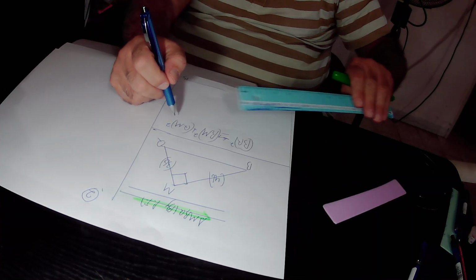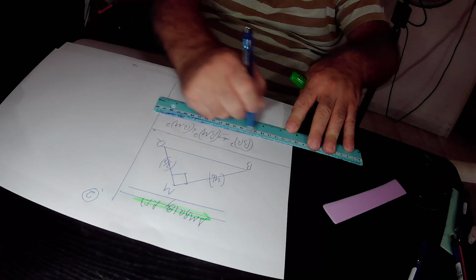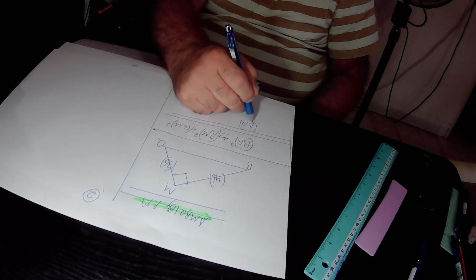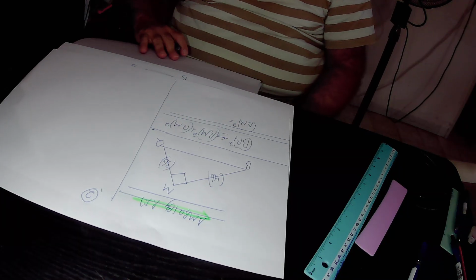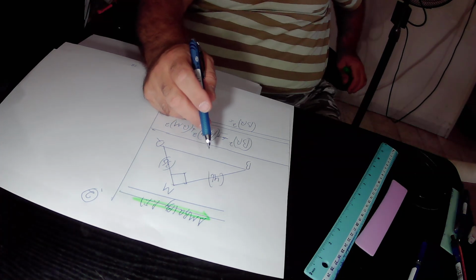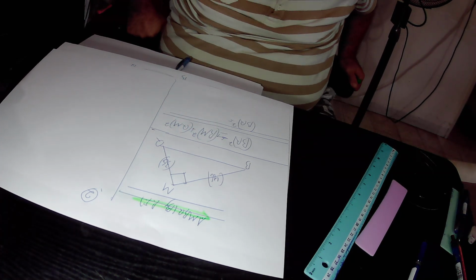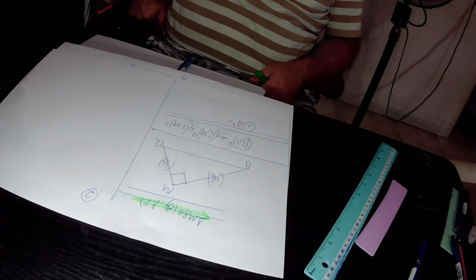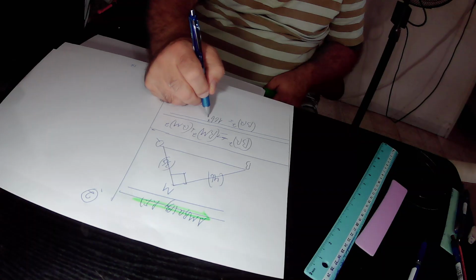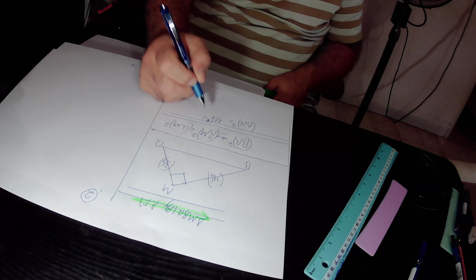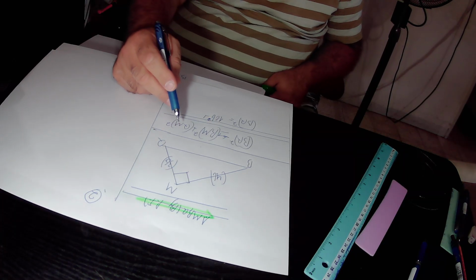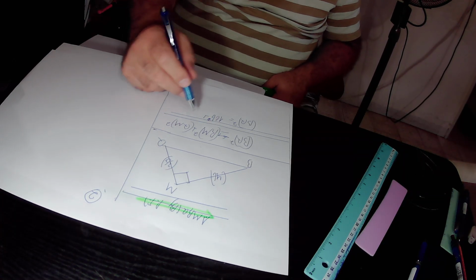BQ is the missing side, so BQ squared equals BM squared. BM is 4B, therefore BM squared is 4B squared, that is 16B squared, plus QM squared. QM is 3B, therefore QM squared is 3B squared, that is 9B squared.